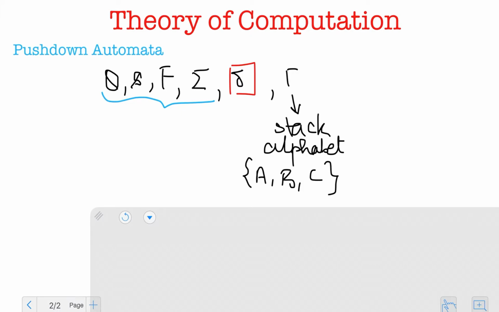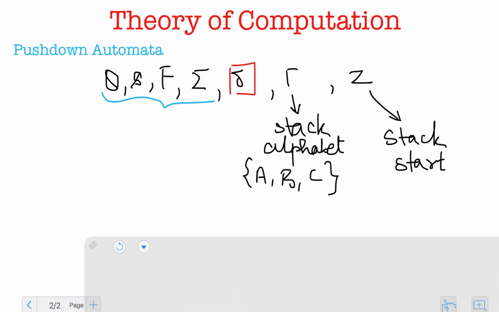And finally, we have the stack start symbol, which is denoted by Z. This is what the stack will contain initially when I'm starting off. And remember that Z is going to belong to gamma, which is my stack alphabet.